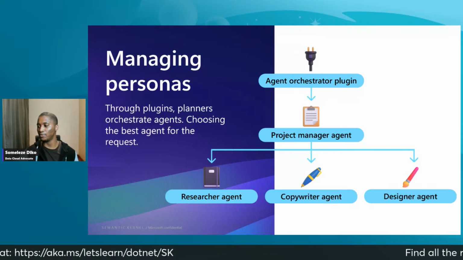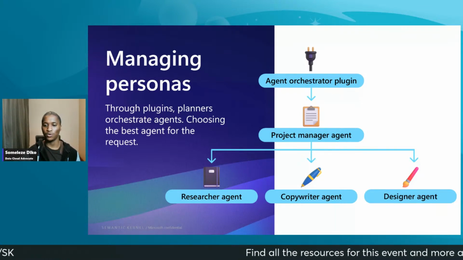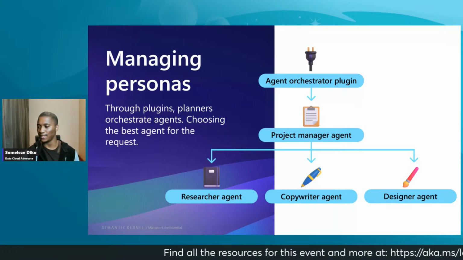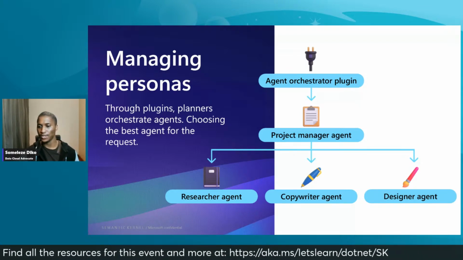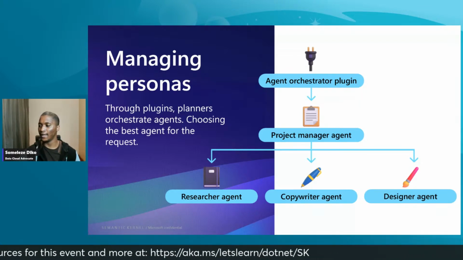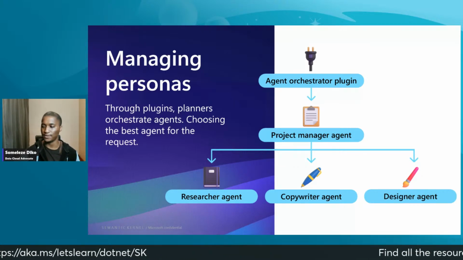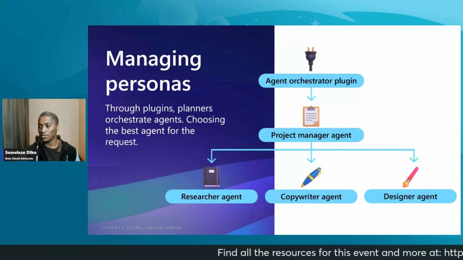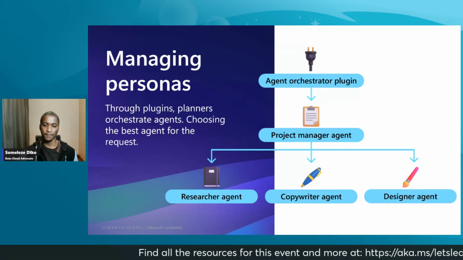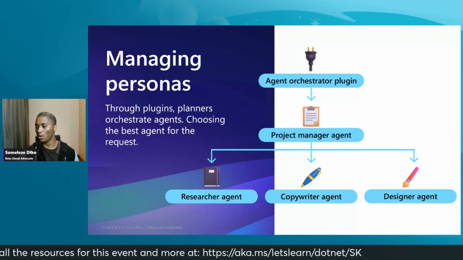For example, if an ask came in and I need to write a blog post, as we mostly write blogs, I have a project manager agent. I've given it a job description, and I want to write a blog post, for example, on how awesome Azure is for scale.